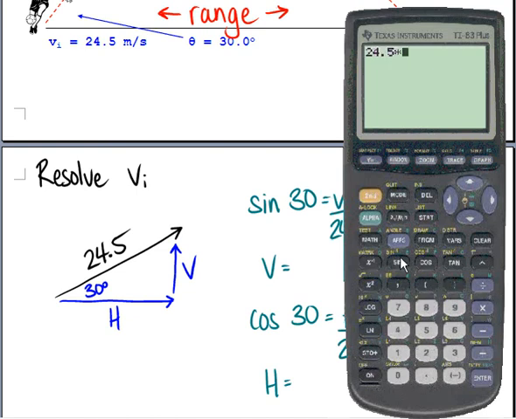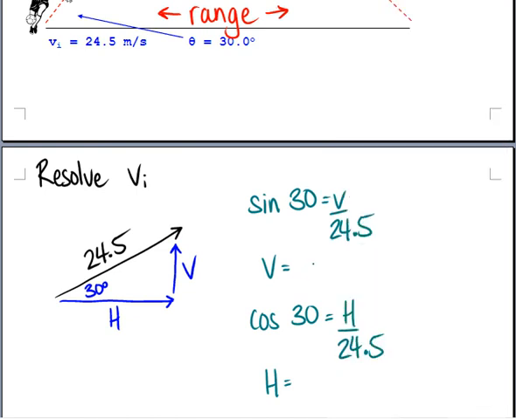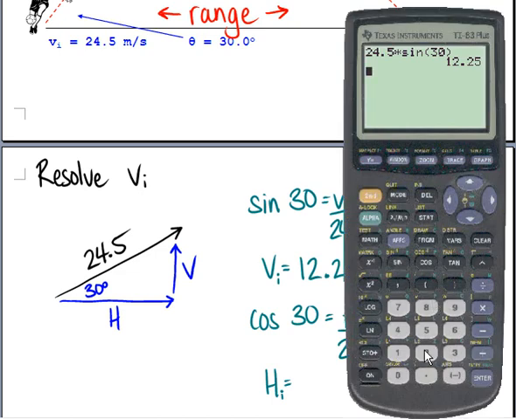So 24.5 times sine 30. Sine 30 is actually worth 0.5. So that's going to come out as a nice number, 12.25 meters per second. So that's going to be the initial velocity vertically. And the horizontal initial velocity, if you remember from special triangles, cos 30 is root 3 over 2.